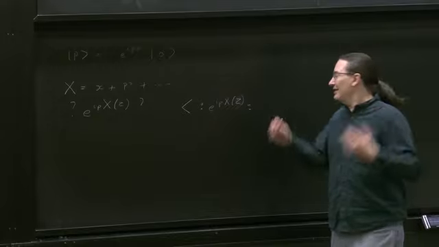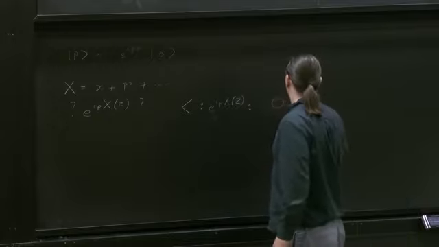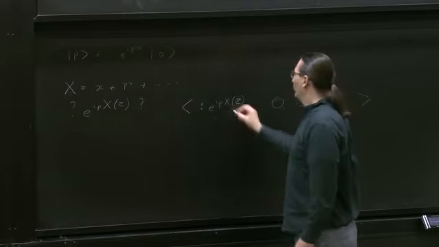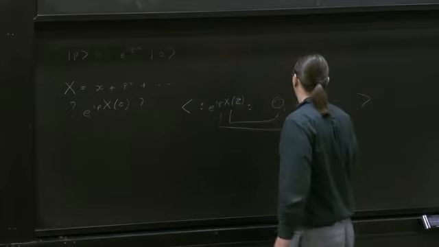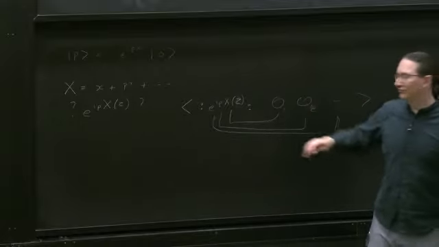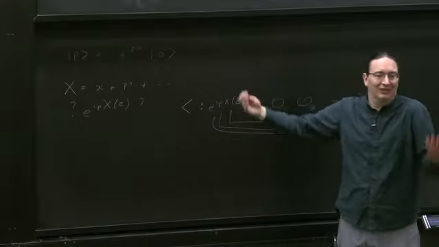And the recipe is, if you have a correlation function, a bunch of other operators, do contractions only with other operators. Don't contract fields in the same exponent. It wouldn't make any sense because we get infinity.